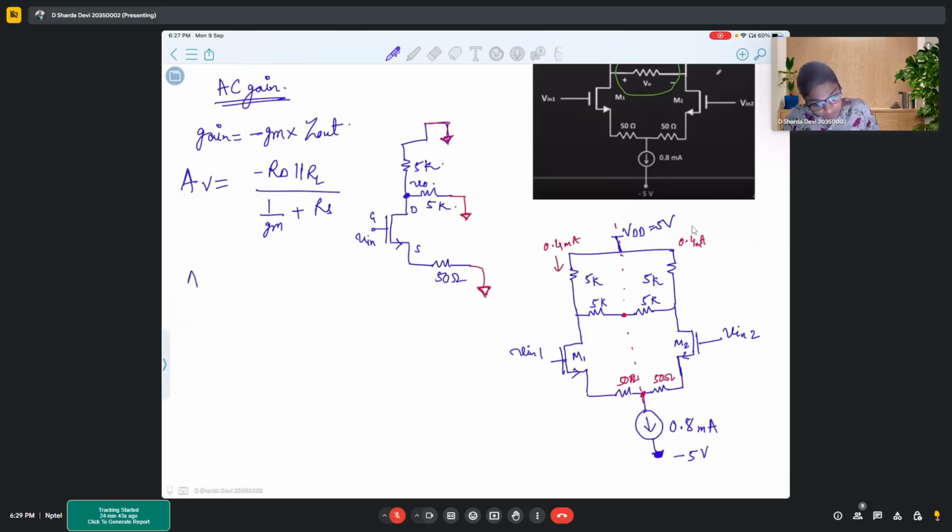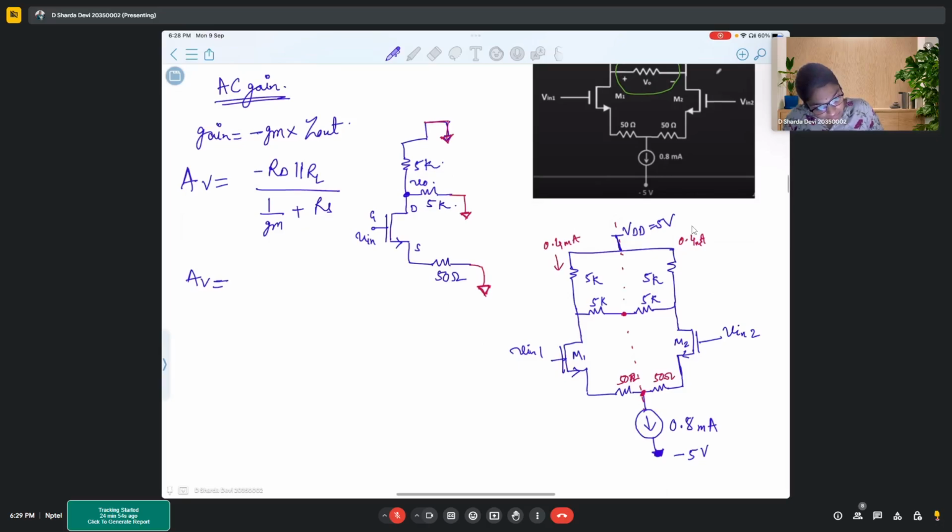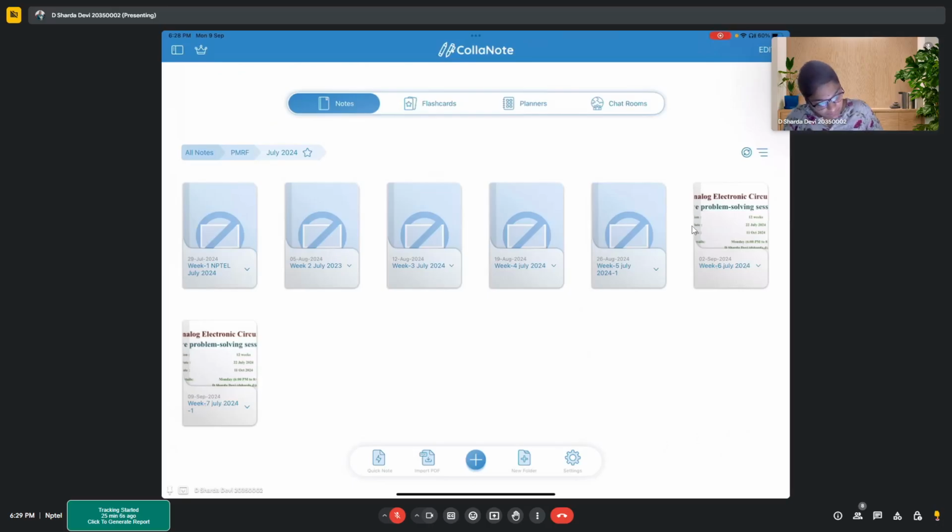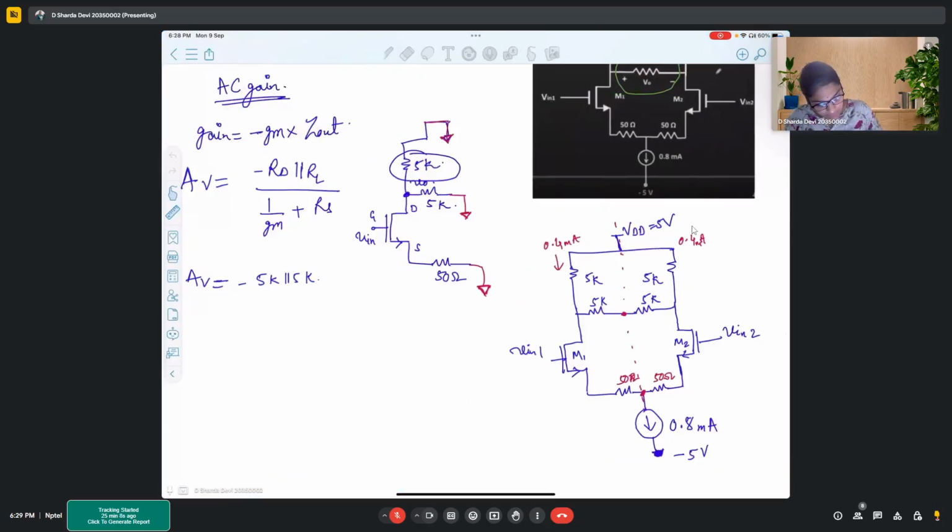So now here, RL is 5K, parallel 5K. These two resistors are in parallel as they will come in parallel when we draw the small signal model.